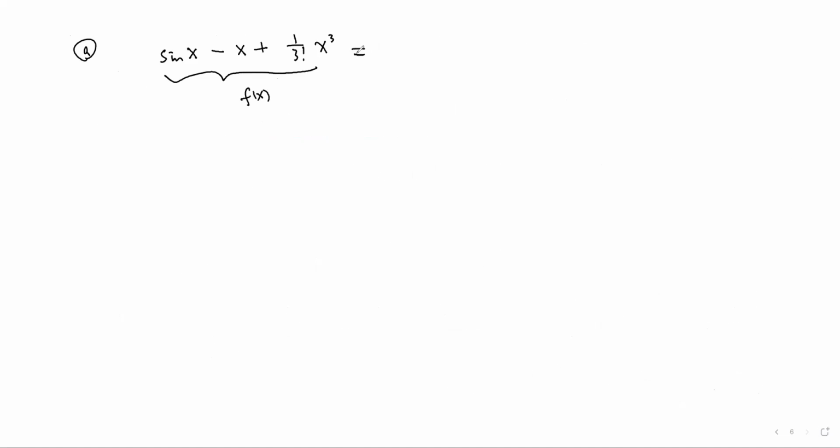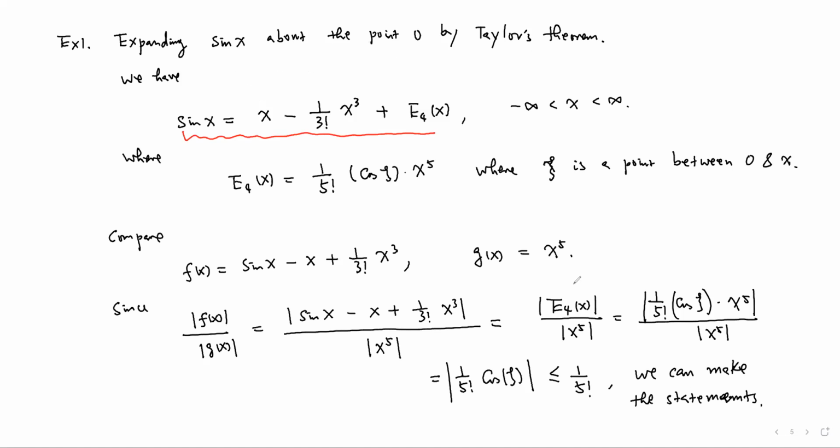Function f is big O of function g, where function g is x to the 5th, as x approaches 0. Why? This inequality is true for any x, for x in this interval.